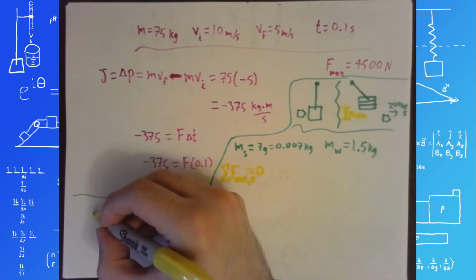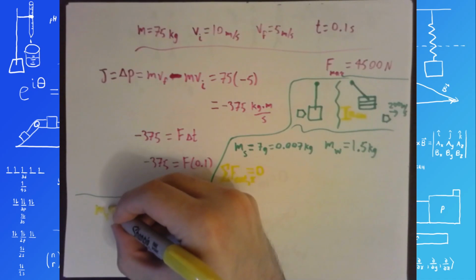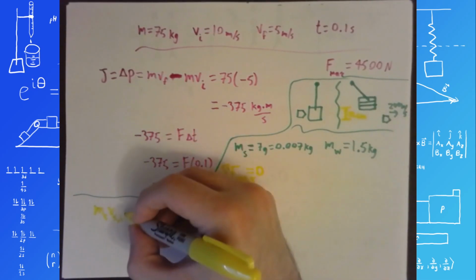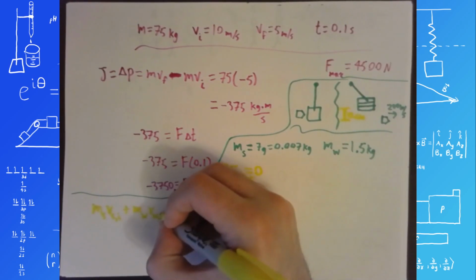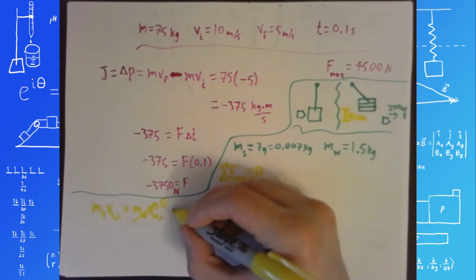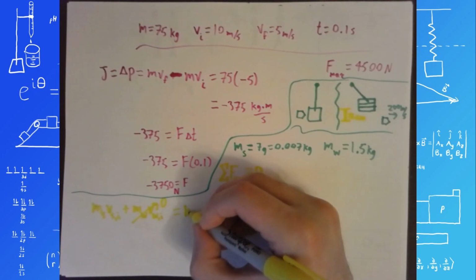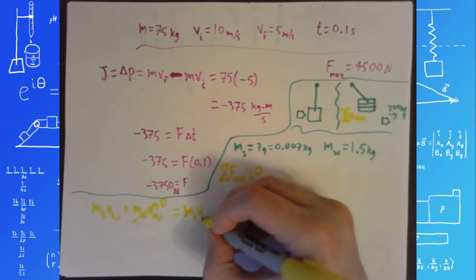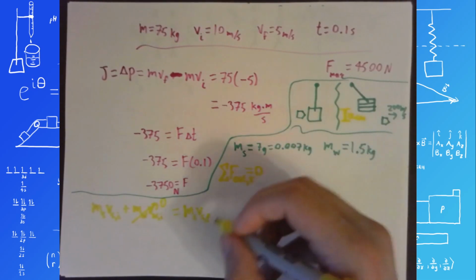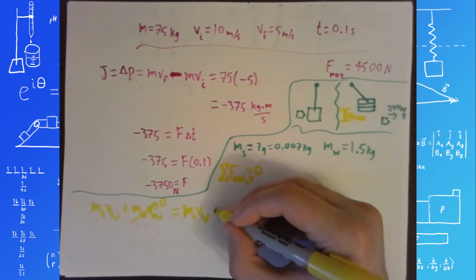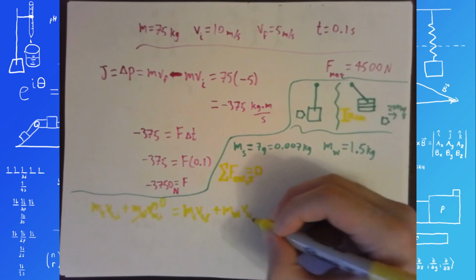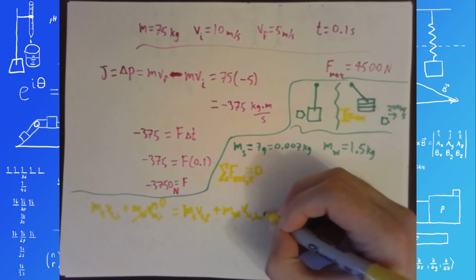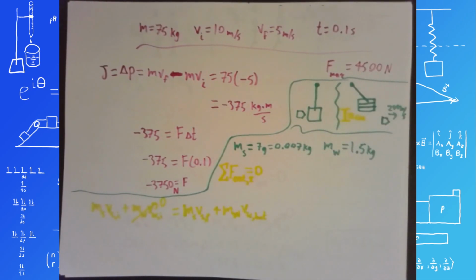So I'm going to say M shell V shell initial plus M wood V wood initial, which is 0, equals M shell V shell final, which is 200, plus M wood V wood, I'm going to call it V wood bottom, B-O-T, bottom, and then its velocity is going to go to 0 when it rises, but that's for a separate equation.